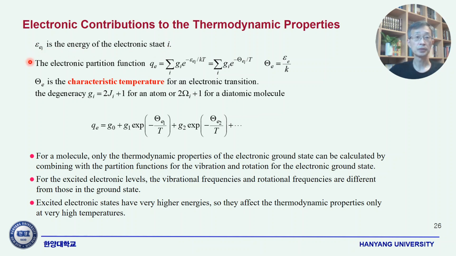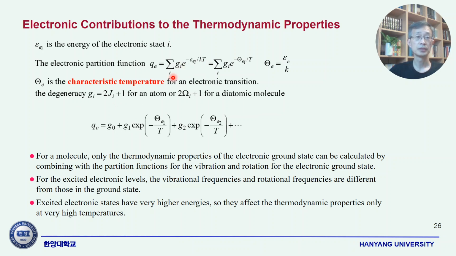For the electronic partition function, q_E, we just sum over the Boltzmann factor, e to the minus epsilon_Ei over kT, and g_i is the degeneracy of the particular energy level.